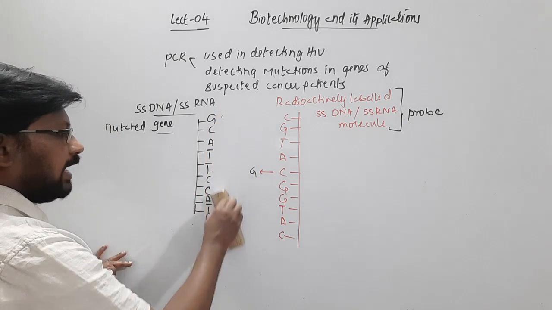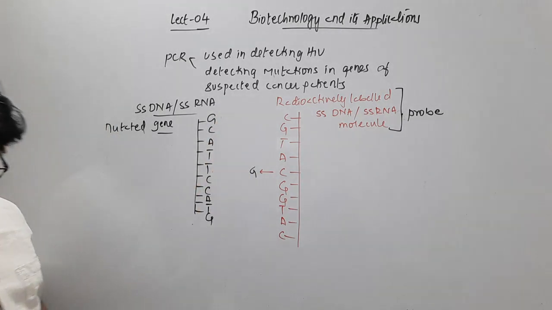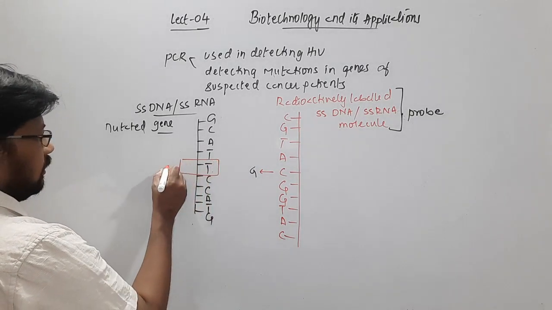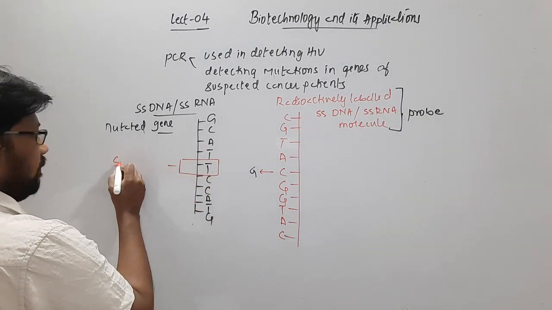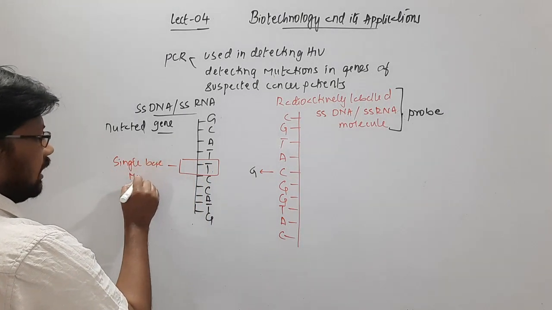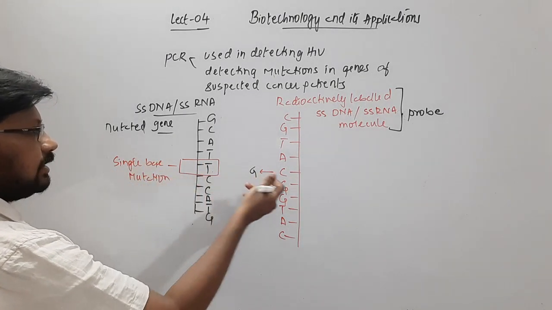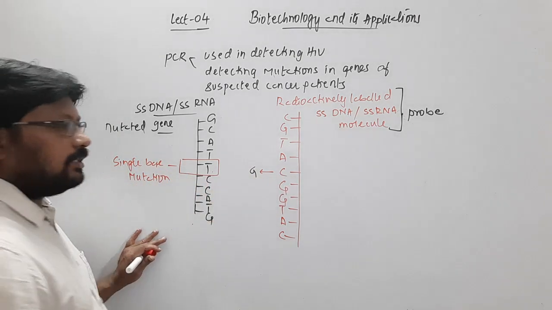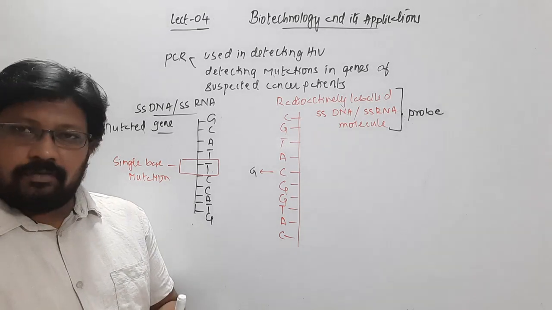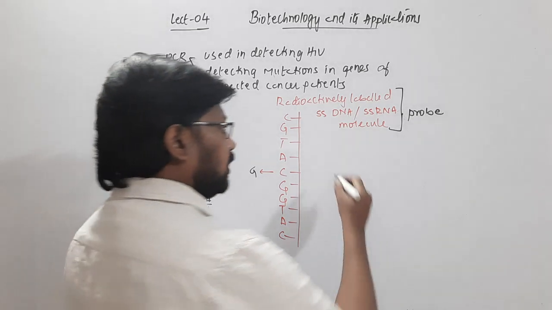So it will not bind to this. You can see at this point a single base mutation has taken place, and as a result this will not bind, and if it did not bind, then it will not be shown on the photographic film. So that's what you have to keep in mind.